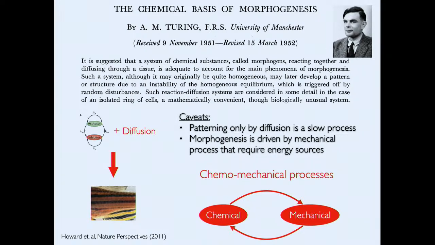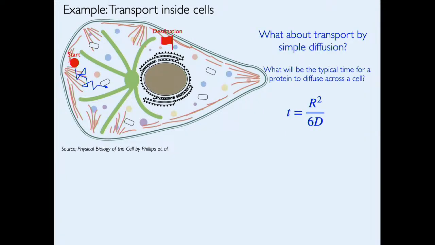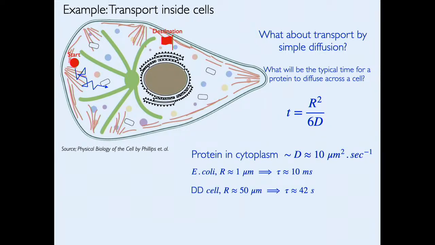Let us see an example. Suppose I have some molecule which wants to start from here and reach this destination. If it was just simple diffusion, I know roughly how much time it will take, if I know roughly the distance and the diffusivity. So I can make some estimate of time.